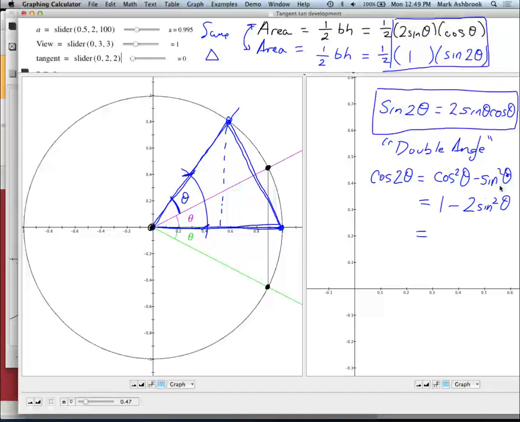And then similarly, sine squared is 1 minus cosine squared. And if you simplify it, you get this. So cosine 2 theta, the double angle for cosine, has 3 versions: cosine squared minus sine squared, 1 minus 2 sine squared, and 2 cosine squared minus 1.